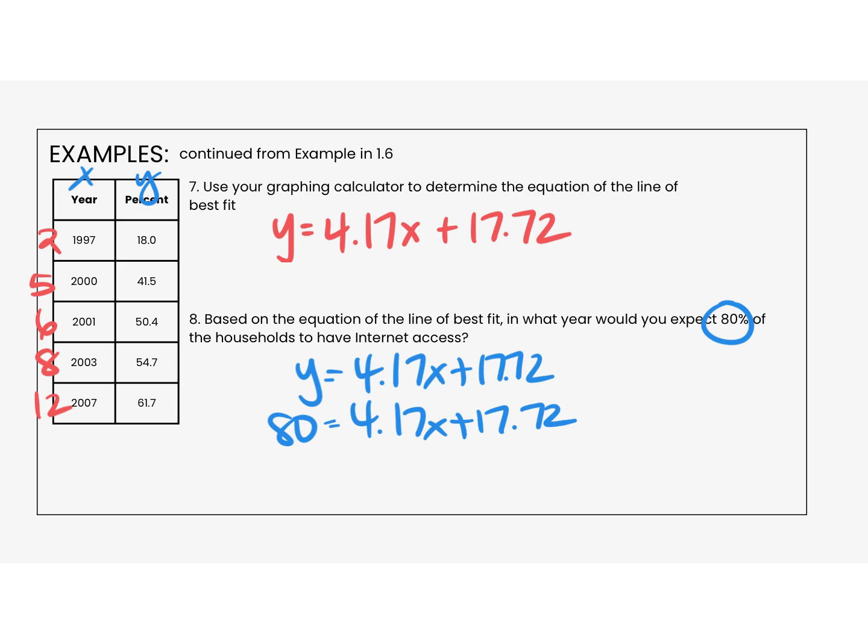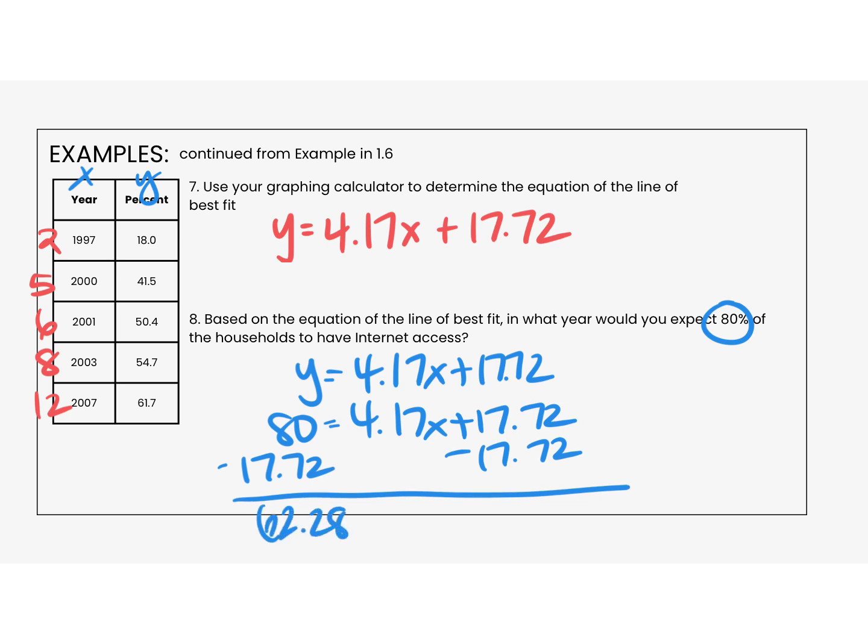So start by subtracting 17.72, and you get 62.28, and that equals 4.17x.